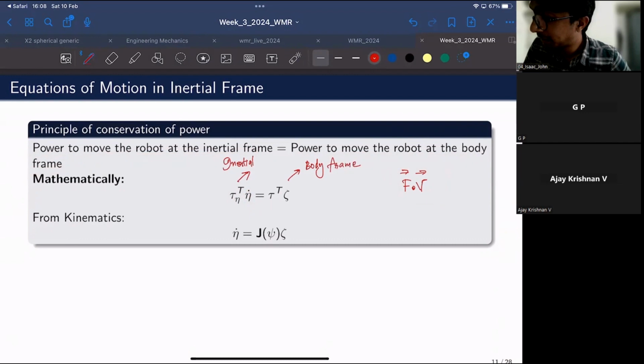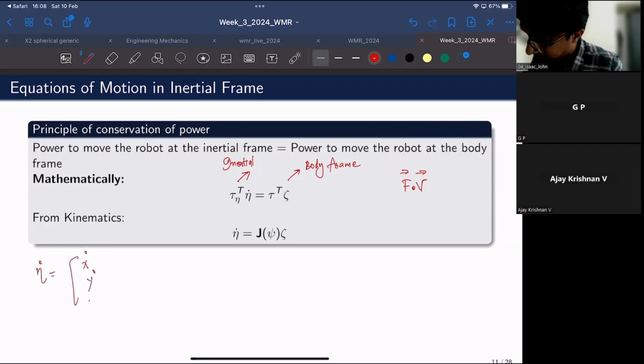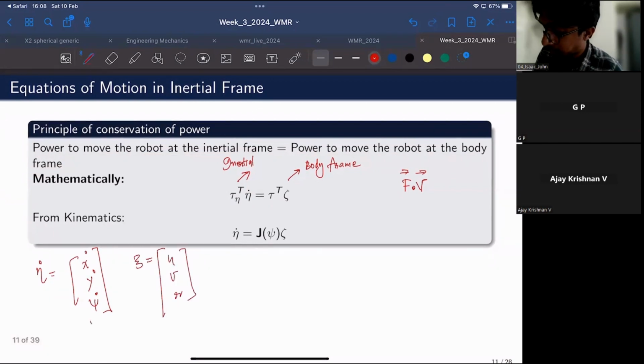The subscript eta denotes the inertial frame. And you know what this eta dot vector is: eta dot is x dot, y dot, and psi dot, if you recall from the kinematics lectures. This is with respect to the inertial frame. And zeta is the velocity vector u, v, r, referred with respect to the body frame of reference.